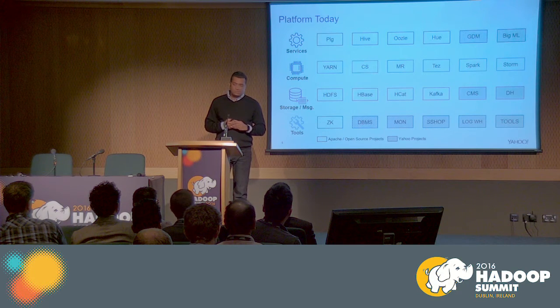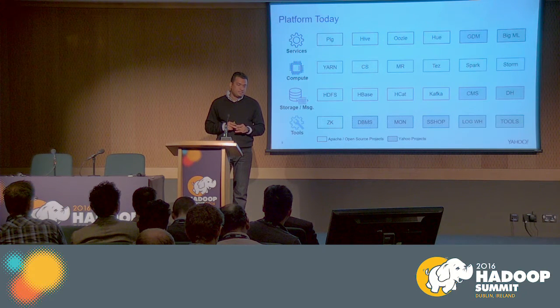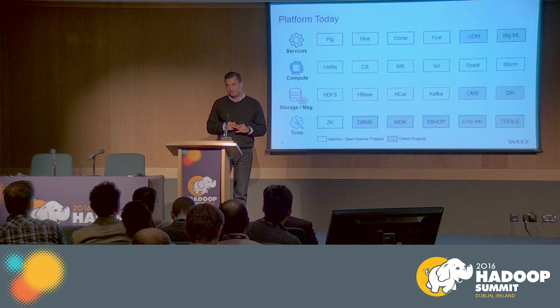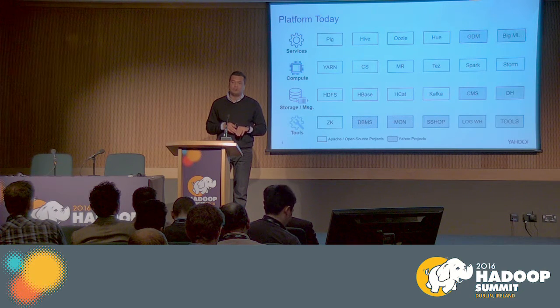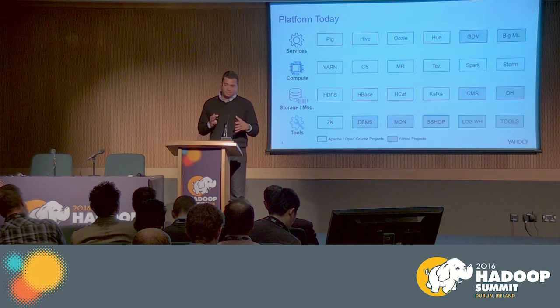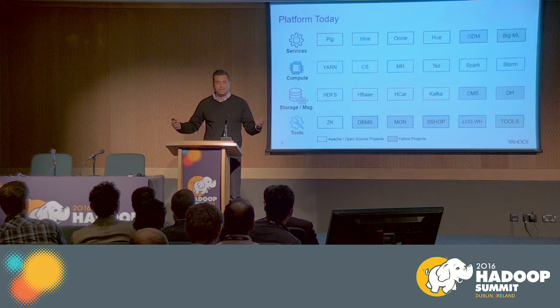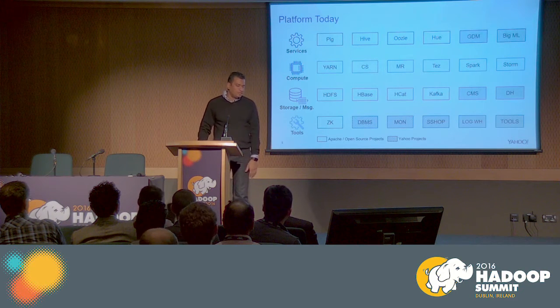And then on the storage and messaging side, again, the vast majority of data, all of the company's data lives on these HDFS clusters. There is some use of HBase, but it complements both Storm as well as Hadoop. So it's a common link between our real-time processing and batch processing.